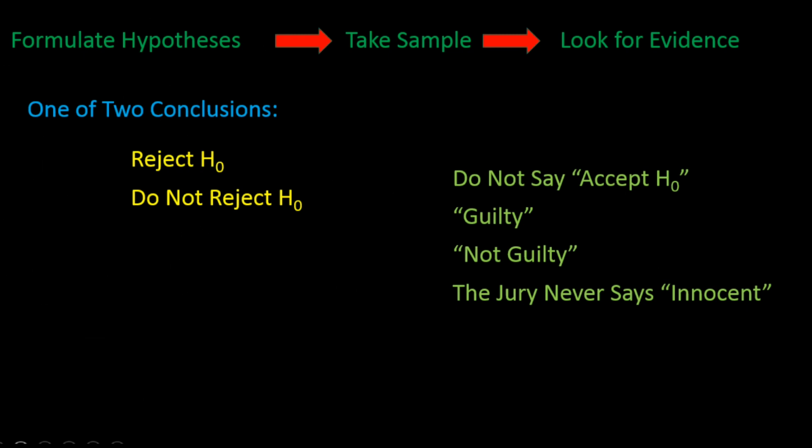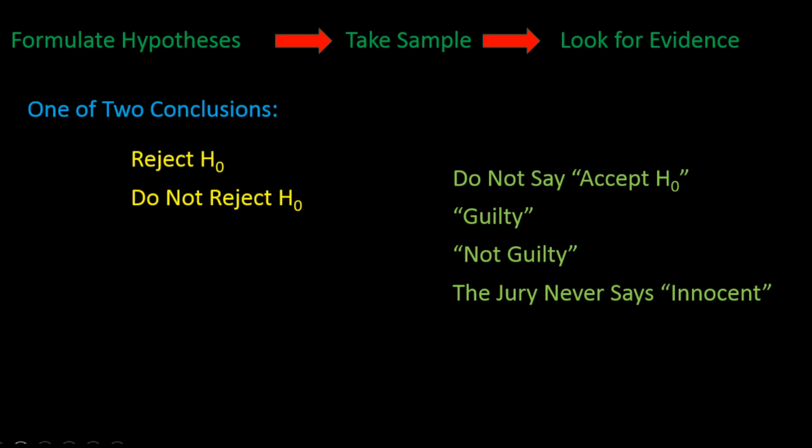If they don't find that evidence, then they don't say innocent, they say not guilty, meaning no evidence of guilt has been found. The same is true for hypothesis testing. We are looking for evidence of guilt, so to speak, evidence to support the alternative hypothesis. We either find it or we don't. If we don't find that evidence, then our conclusion is do not reject the null hypothesis, which is similar to the jury declaring not guilty.